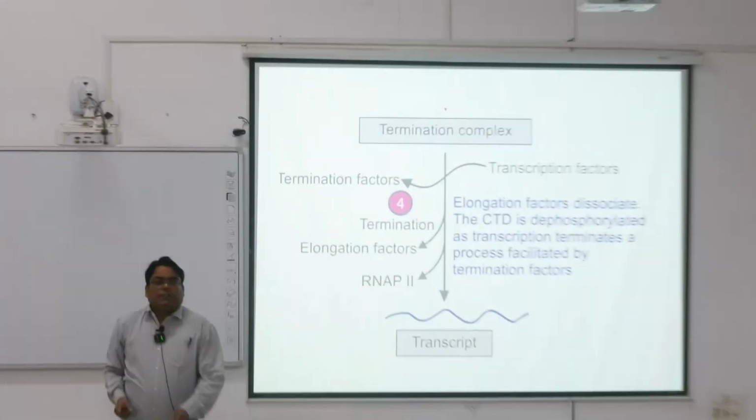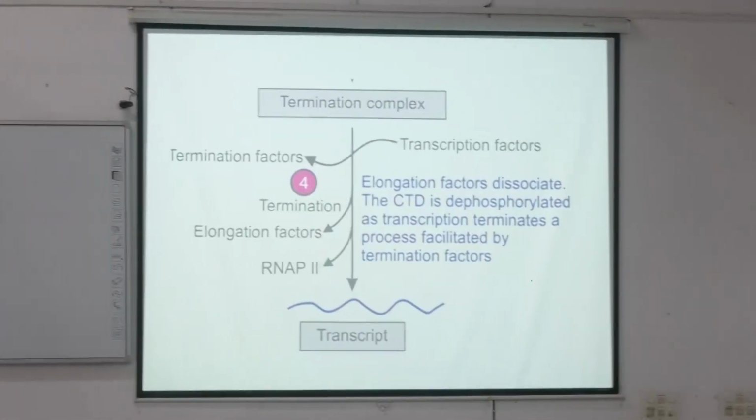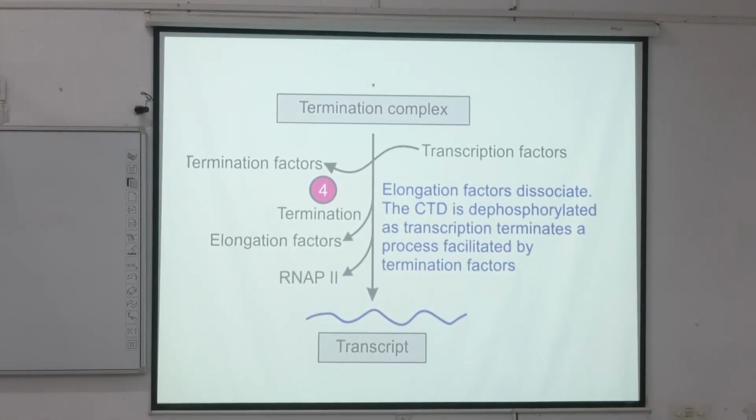Lastly we get the transcript, and we call this the primary transcript or hnRNA, heteronuclear RNA. So here your transcription process is over.